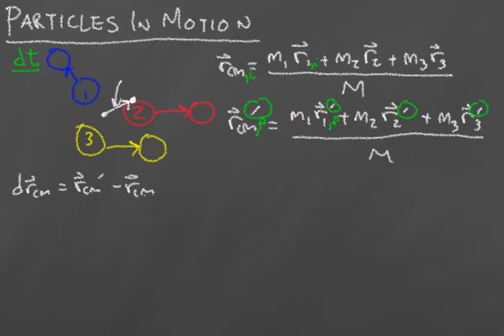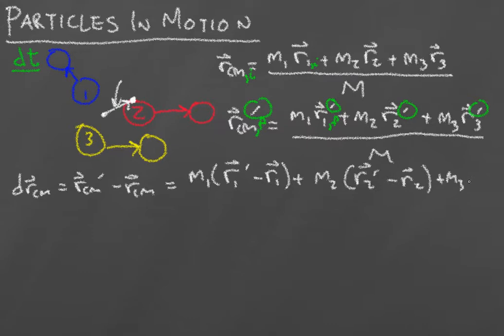If you don't remember that, go back and look at some of the chapter 2 videos. So this is going to be mass 1 times the final R1 minus the initial R1, mass 2 and its difference in positions, and the same for mass 3. Can't quite fit it on the screen here. And we'll divide that by the total mass.